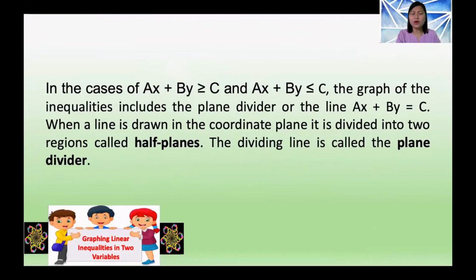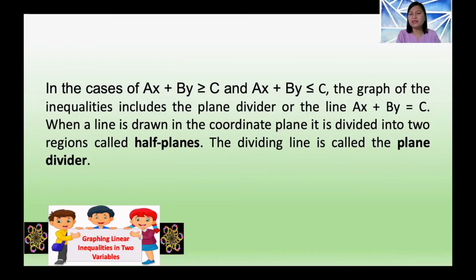In the cases of ax plus by is greater than or equal to c, and ax plus by is less than or equal to c, the graph of the inequalities includes the plane divider, or the line ax plus by is equal to c. When a line is drawn in the coordinate plane, it is divided into two regions called half-planes.